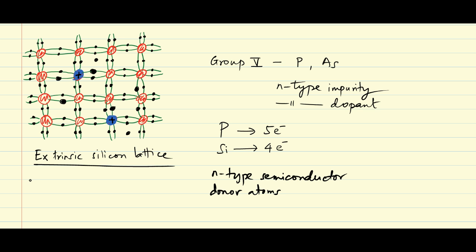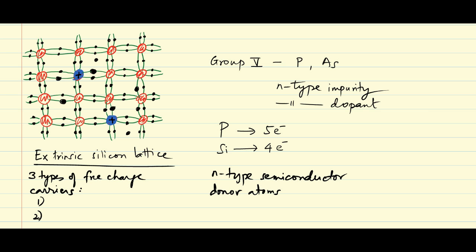Now at room temperature, an n-type semiconductor will have three types of free charge carriers which are going to partake in the electrical conduction or electrical conductivity properties.